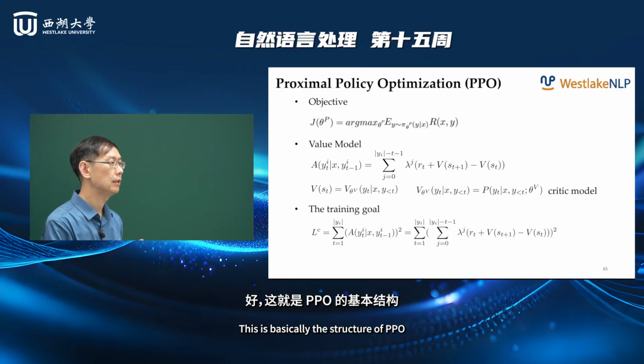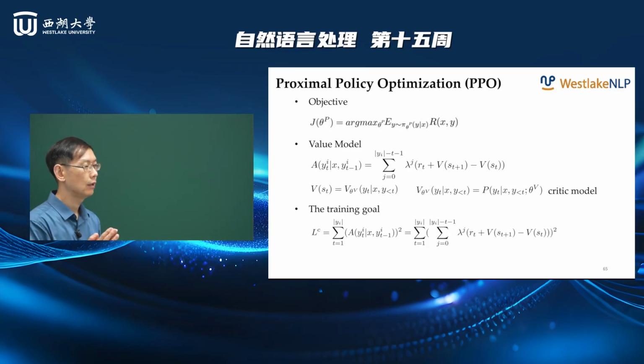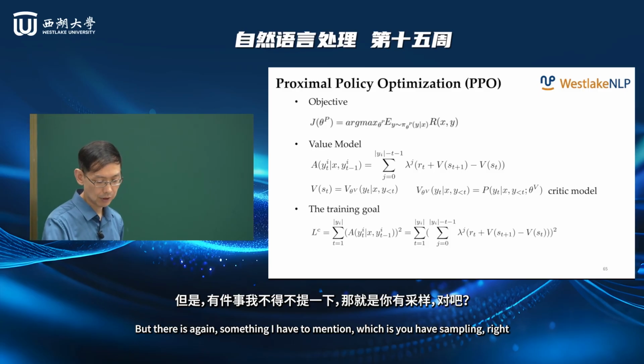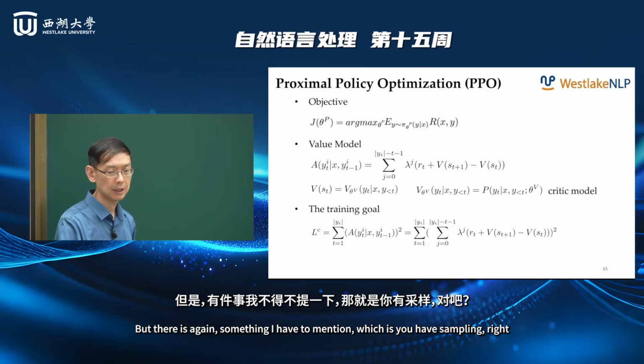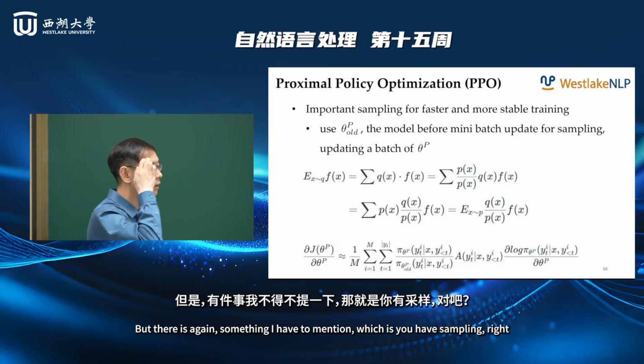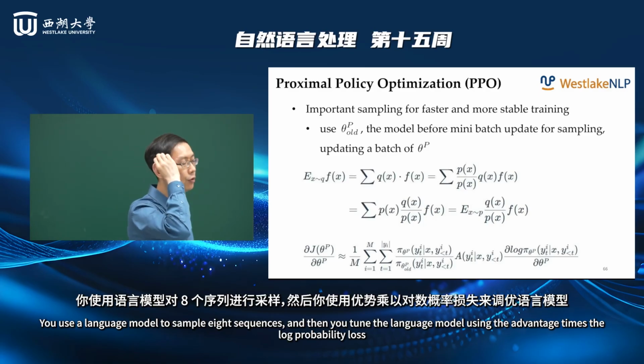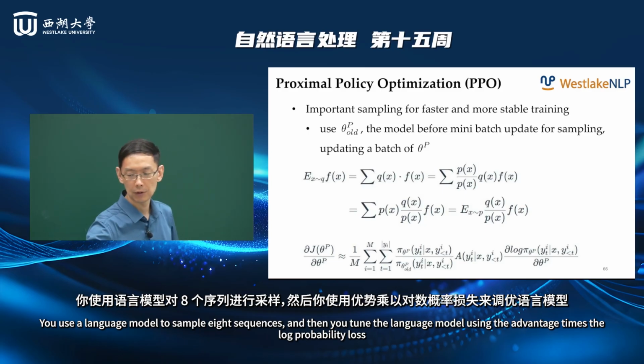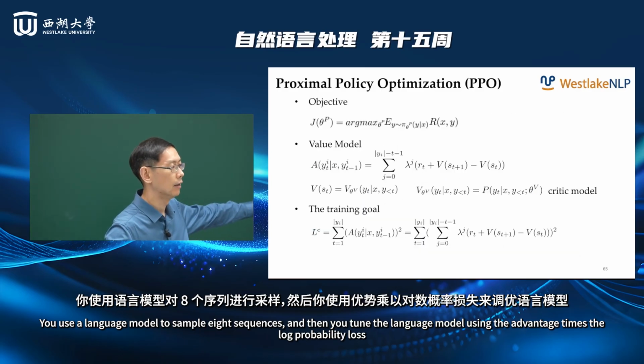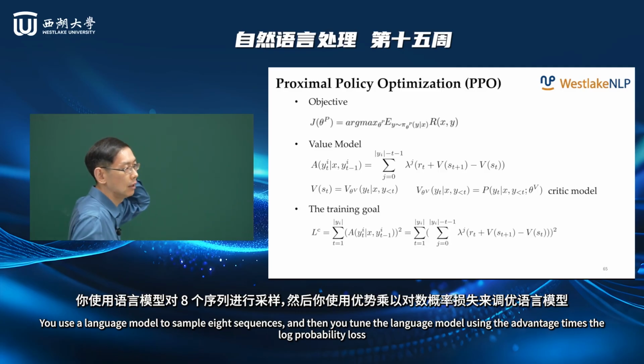Now, this is basically the structure of PPO. But there is something else I have to mention. You have sampling: you use a language model to sample 8 sequences, and then you tune the language model using the advantage times the log probability loss.